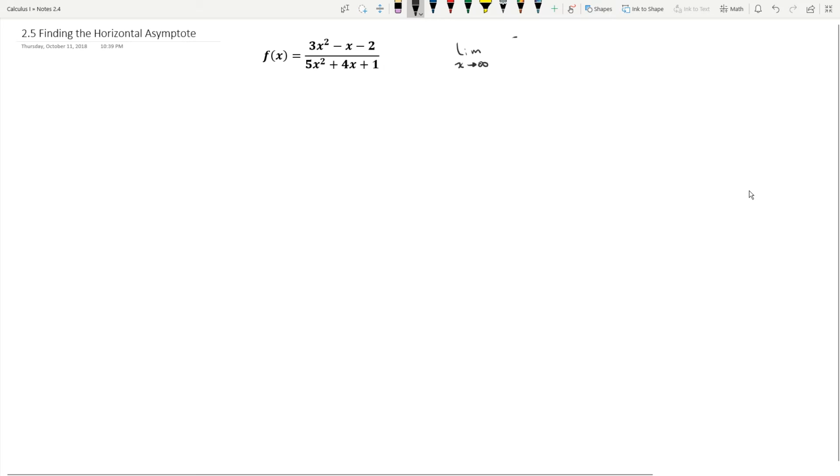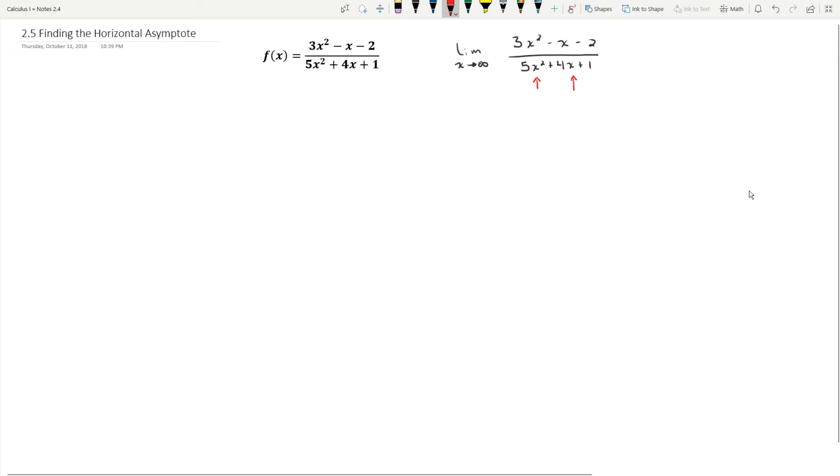So we'll go ahead and rewrite this. And what we're going to do is look at the denominator, and look at the variables in the denominator and determine which is the highest power variable.